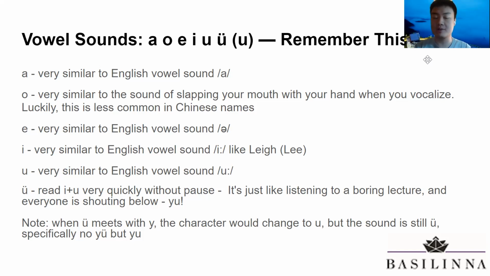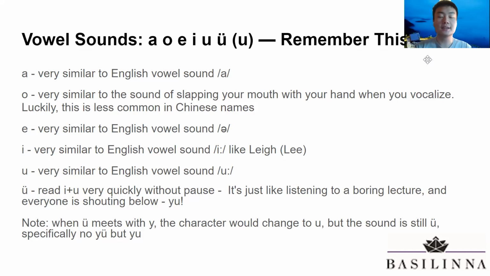This is also very similar to an English vowel sound. The next one, e. This is very similar to an English vowel sound. The next one would be u. This is also quite similar to an English vowel sound.